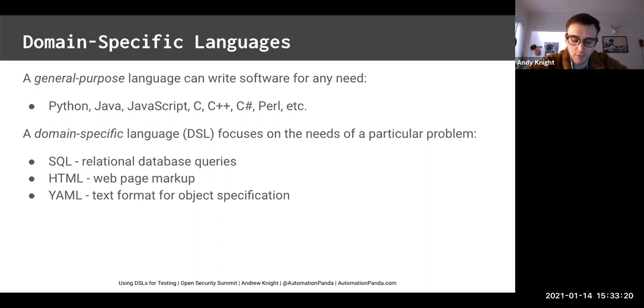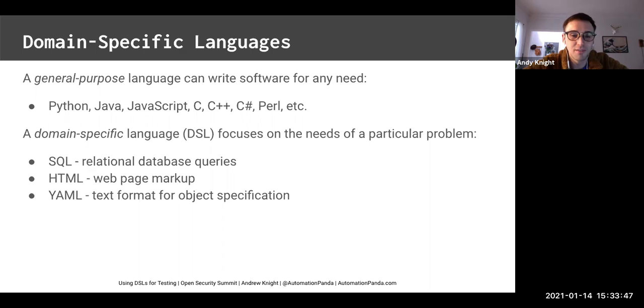And you've probably used some domain-specific languages, even if you didn't know that's what they were. Some of the most common examples would be SQL, a domain-specific language for relational database queries, right? You can't do just raw programming in SQL. Like you can't build a web app in SQL. But SQL is very, very good at getting tables and rows from a relational database.